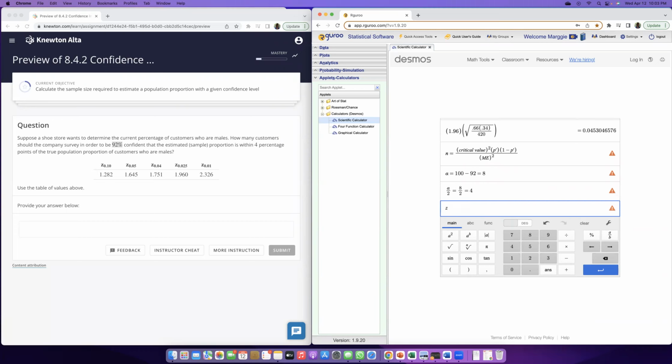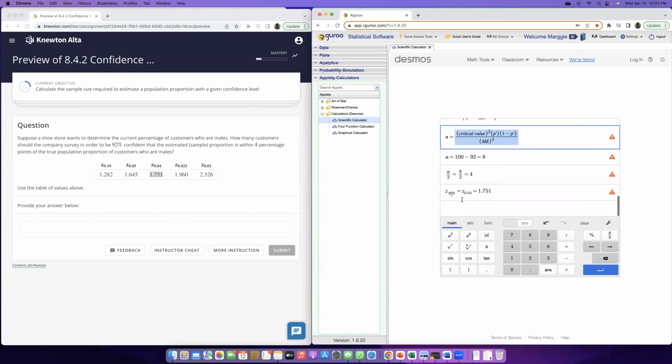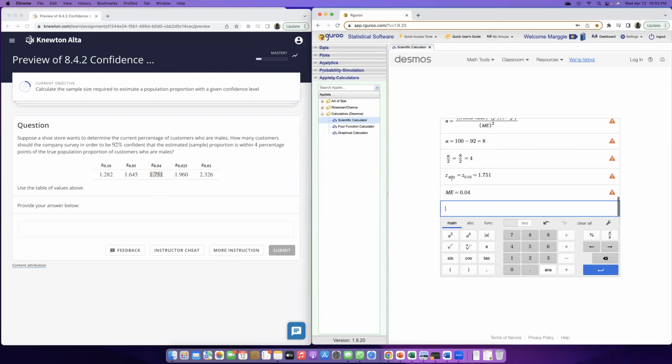So when we write this, alpha over 2 equals 0.04. We go back to the table, and we find that Z for 0.04 is 1.751. That is our critical point, 1.751. Okay, so the only other thing that we need is the margin of error. It's within 4%. So again, remember that we need to change that percentage to a decimal.